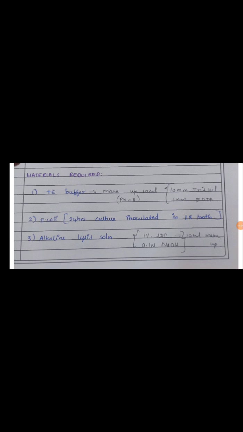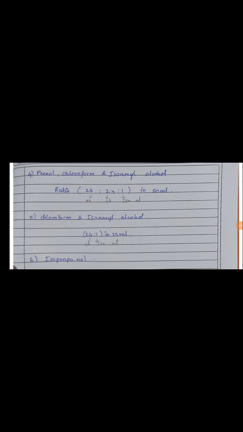Okay, then here we have the alkali lysis solution. The preparation is 1% SDS and 0.1 normal NaOH, and we have to make up to 10 ml. And the phenol, chloroform and isoamyl alcohol we have to keep as a mixture in a 25:24:1 ratio, so we get 50 ml.